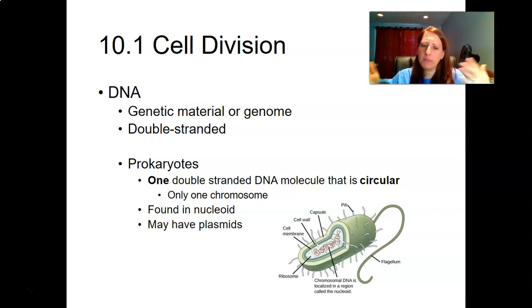So for example, you've probably all heard of antibiotic resistance in bacteria, right? A common one is MRSA, methicillin resistant Staph aureus. That's a really common one that's unfortunately pretty rampant in many of our hospital settings.